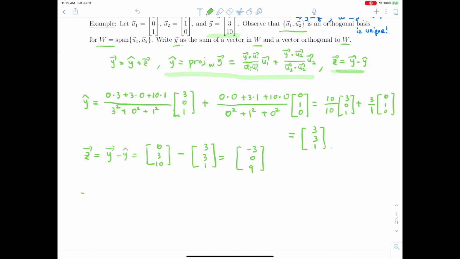So we can decompose y into 3, 3, 1 plus negative 3, 0, and 9. The first vector belongs to W, and the other one belongs to W perpendicular. And you want to check that these two vectors are really orthogonal to each other. So check whether you get y hat dot z equal to 0.